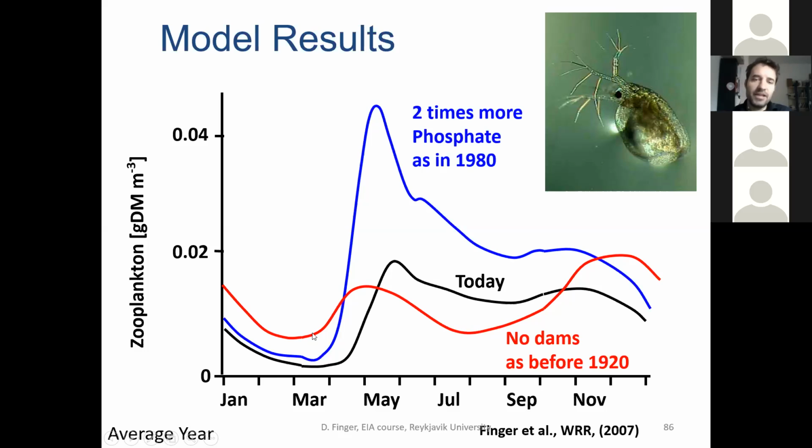And this led us to this statement that, in principle, the main cause for declining fishing yields is of course the reduction of phosphorus in the inflow of the lake. But there is this dynamic temporal shift of zooplankton concentrations.